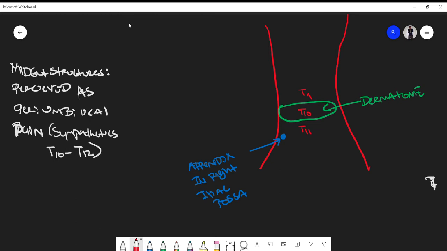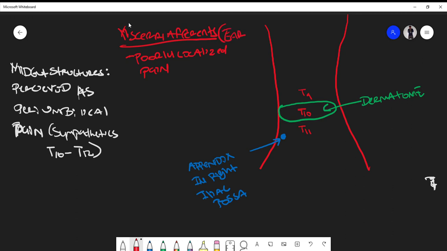So visceral afferents usually produce poorly localized pain. And in this case, we're going to put early appendicitis.